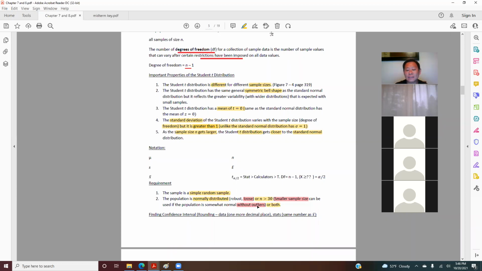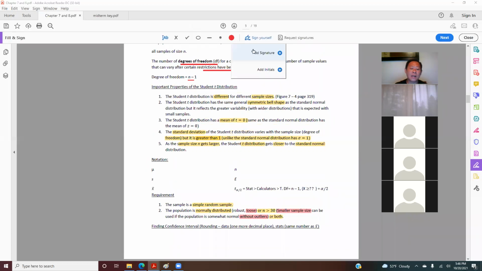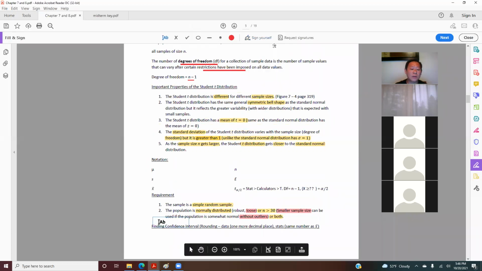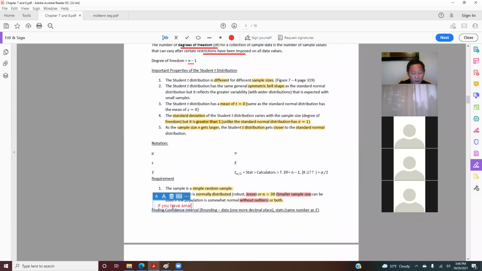If outliers exist, no good. So another meaning for number 2 here is if you have a small n, small sample size, and no outliers, number 2 is fulfilled.